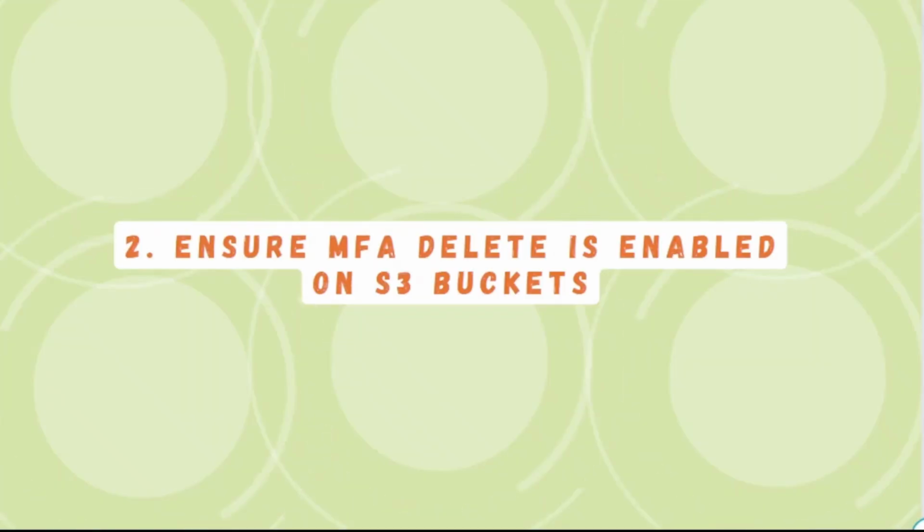Moving on to the second test case, which is ensure MFA delete is enabled on S3 buckets. Adding MFA delete to an S3 bucket requires additional authentication when you change the version state of your bucket, or you delete an object version, adding another layer of security in the event your security credentials are compromised or unauthorized access is granted.